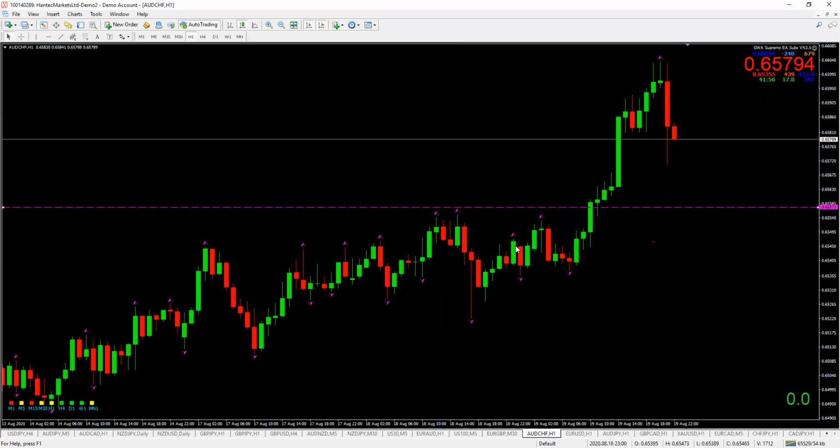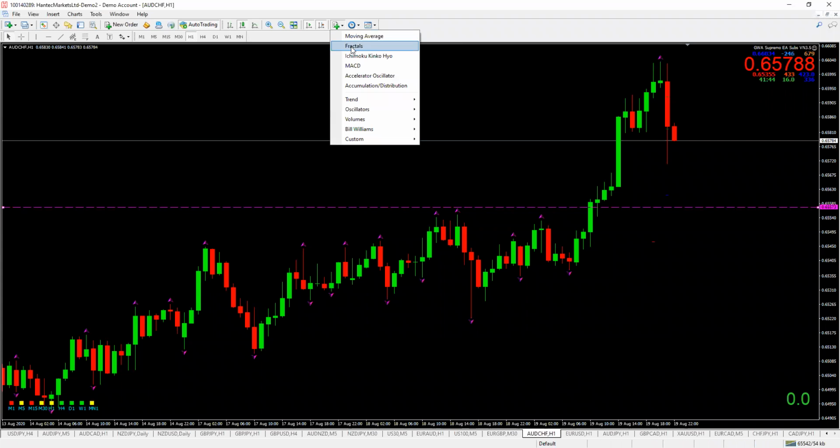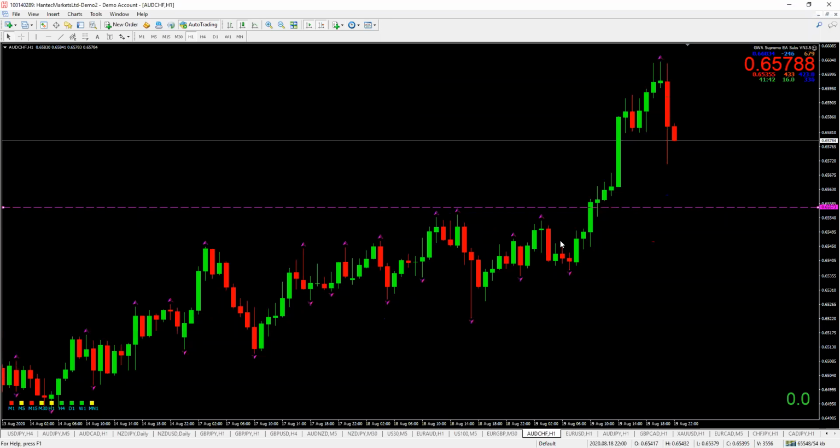So when the next fractal formed, and by the way, guys, just in case you don't know, fractals paint on the chart on their own. Once you add them to your chart, it begins to paint. So this is where the current price is, and at the time of this recording, it's about 18 minutes past 8 in the UK.